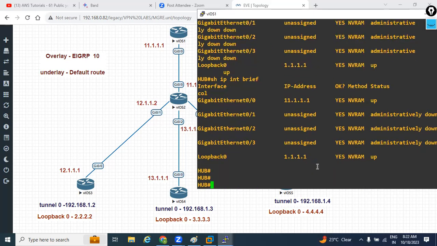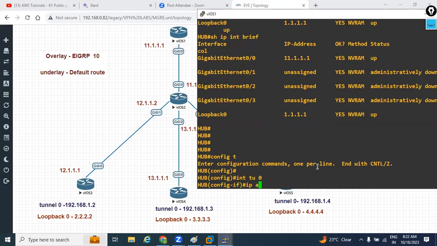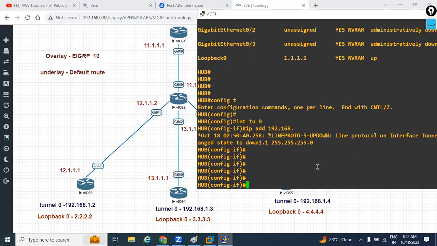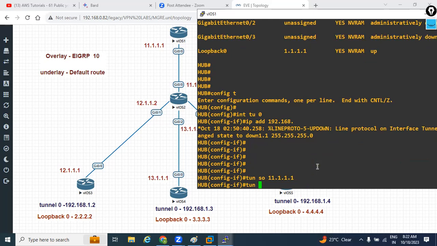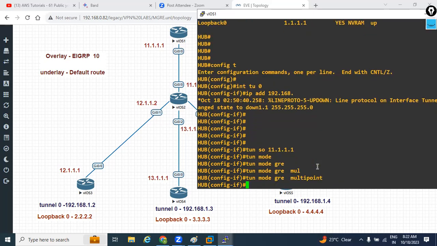No, only loopback. So let's configure it. Interface tunnel 0, IP address 192.168.1.1 with the mask. Now tunnel source 11.1.1.1. Tunnel mode GRE multipoint.